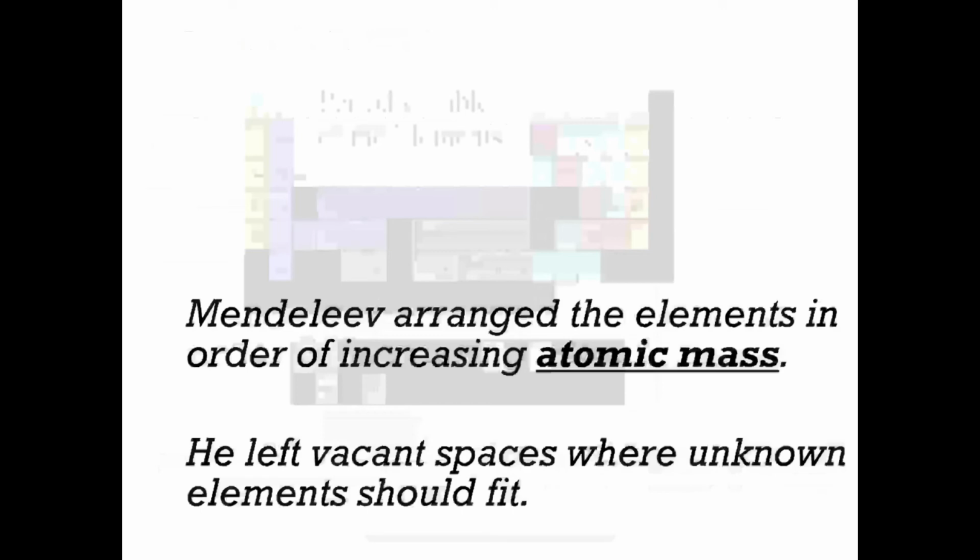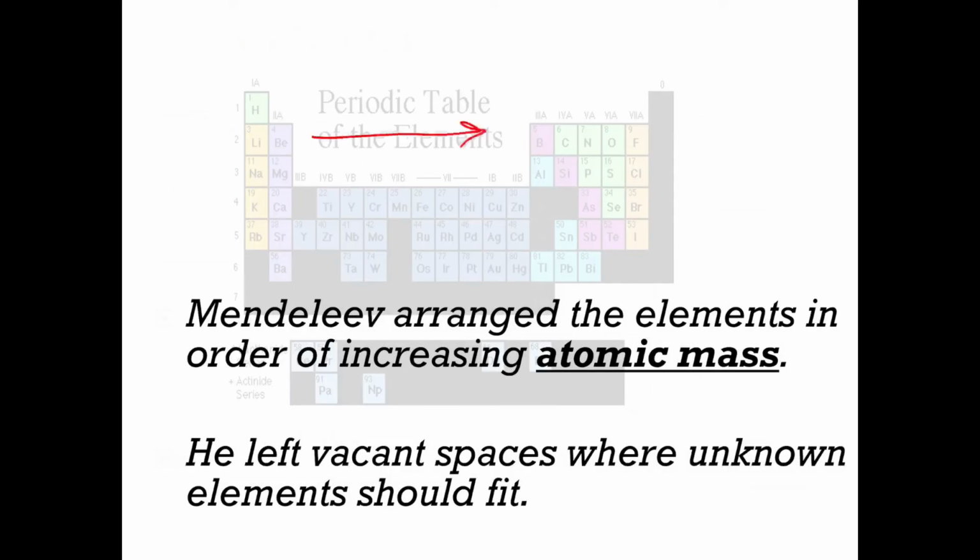And so if we didn't know that they existed, right, how did he know to leave spaces for them? Well, he said, okay, I have organized the elements left to right in order of increasing atomic mass, and I stacked them up and down based on their properties. Okay, so when I'm thinking about this, going left to right, in this period 5, there's an element here with this particular mass that has this property, and it has to go between these 2 elements.